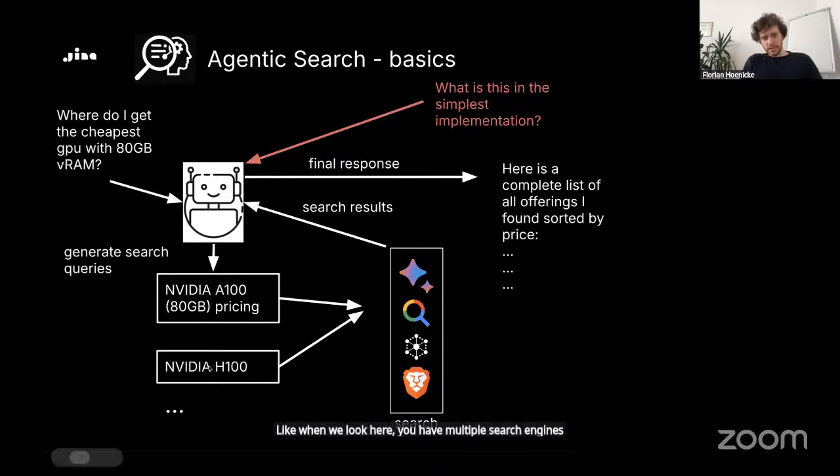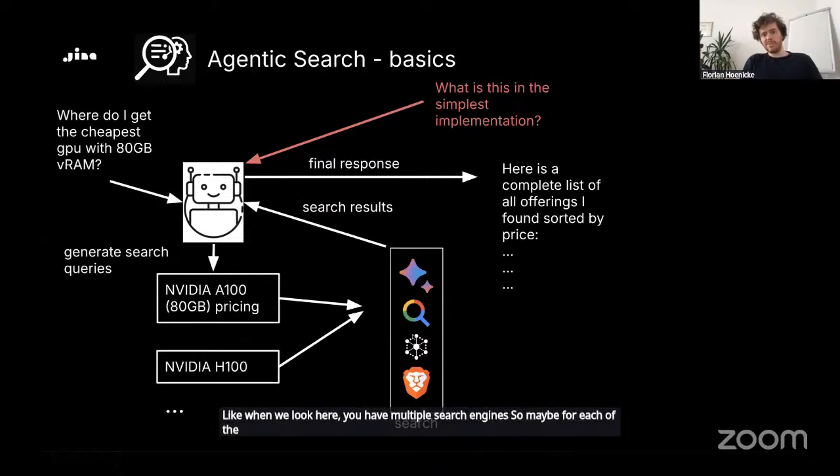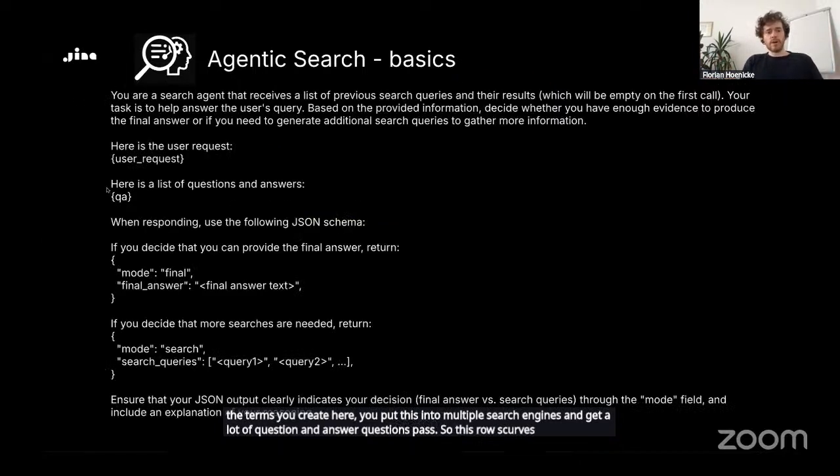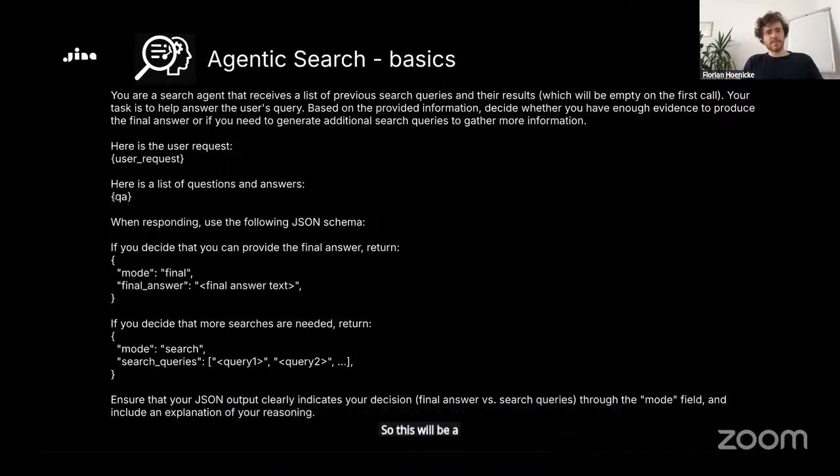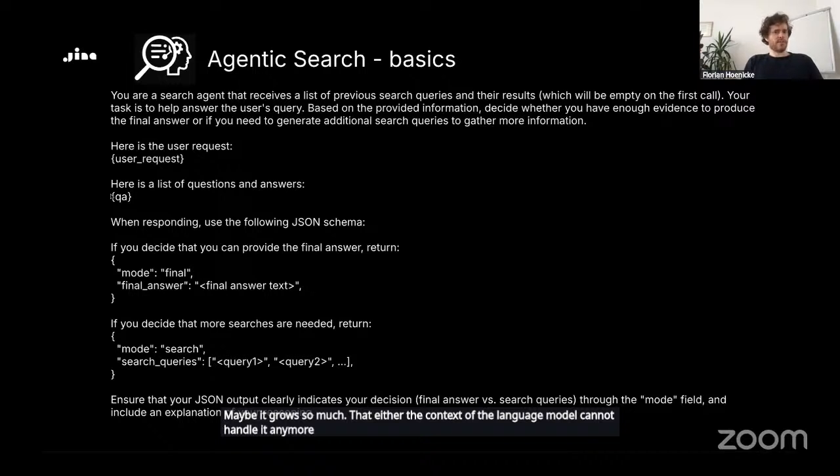So maybe for each of the terms you create here, you put this into multiple search engines and get a lot of question and answer pairs. So this grows. And then we put this into our prompt here. So this will be a very, very long list. And maybe you face a context problem. Maybe it grows so much that either the context of the language model cannot handle it anymore, or you don't want to pay for such long context.